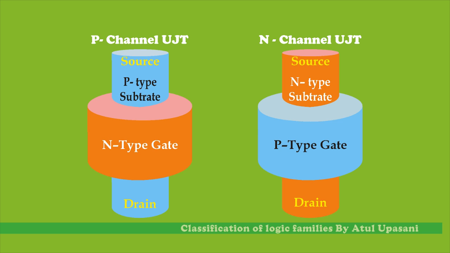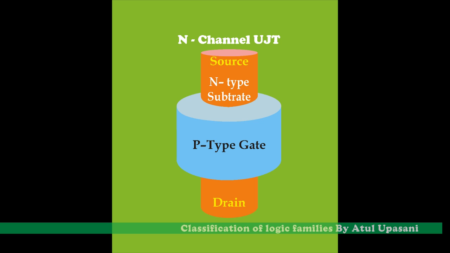You might have studied UJT in class 11th. There are two types of unijunction transistor. One is called P type and another is called N type. Alternatively, they are also called N channel or P channel. In N channel MOSFET, the N type substrate is used, and around it a P type gate is used.